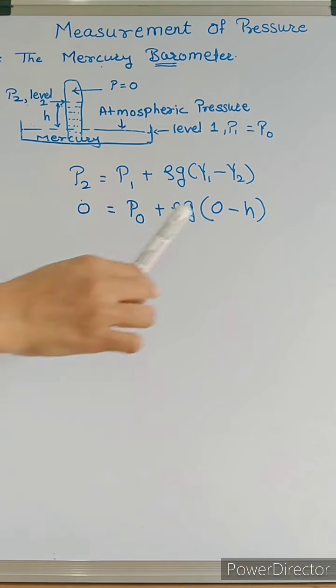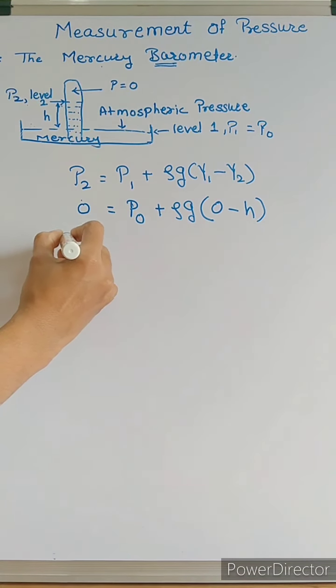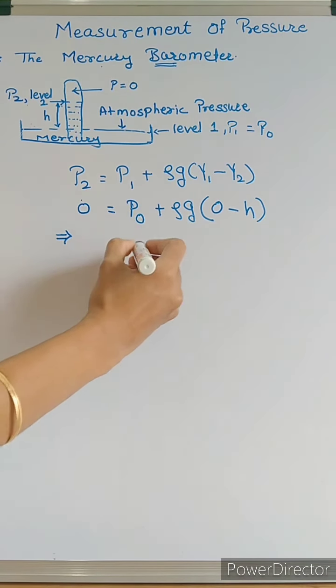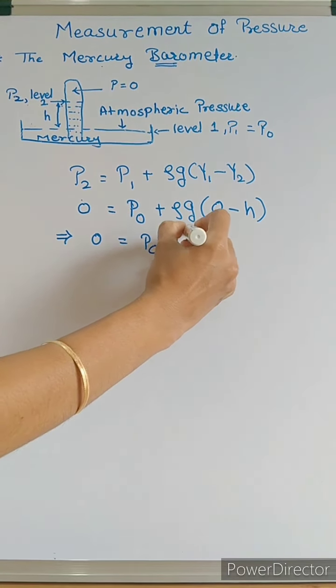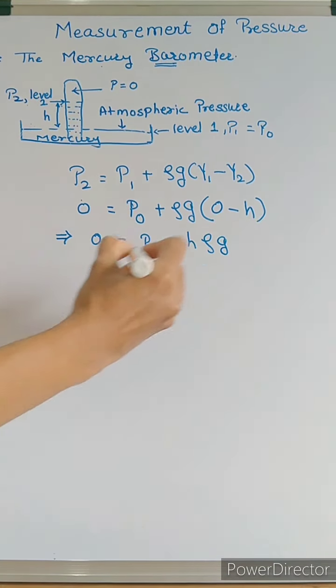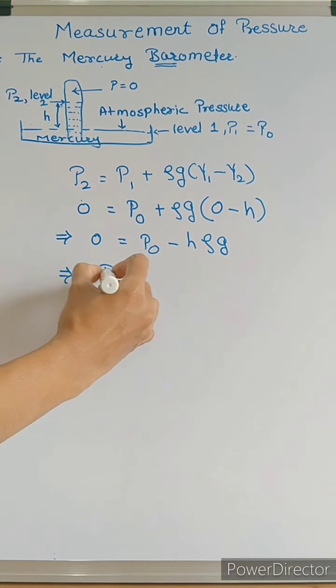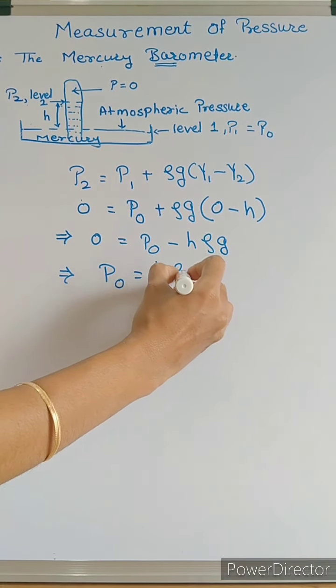We have studied how to find the y2 value in my last video. So with the help of this equation we get 0 is equal to P naught minus h rho g, which indicates P naught is equal to h rho g.